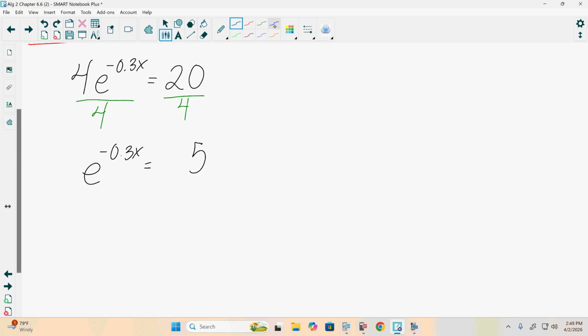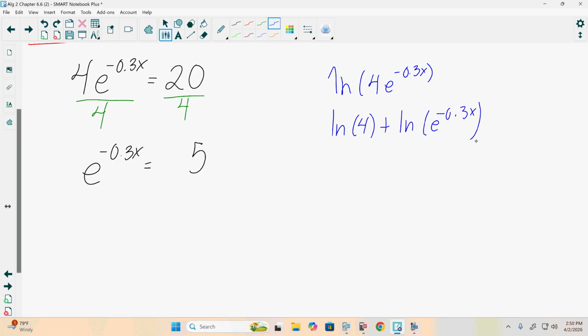Because if we'd have left it, we'd have had the natural log of 4e to the negative 0.3x. For me to be able to solve this and simplify, I have to use our product property. And then I'd have to subtract the natural log of 4.